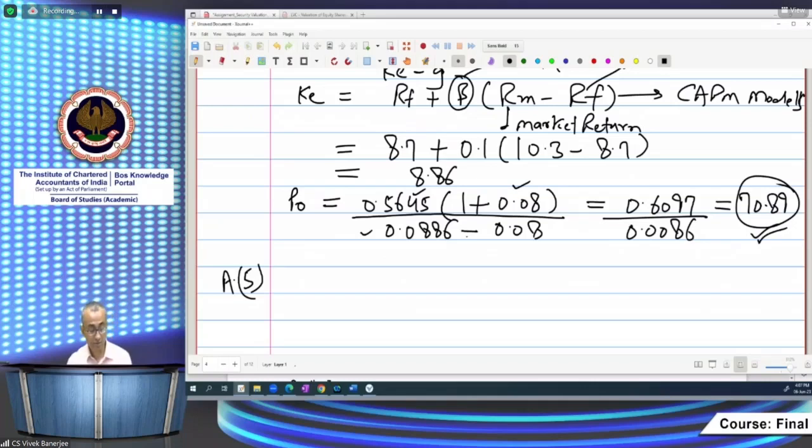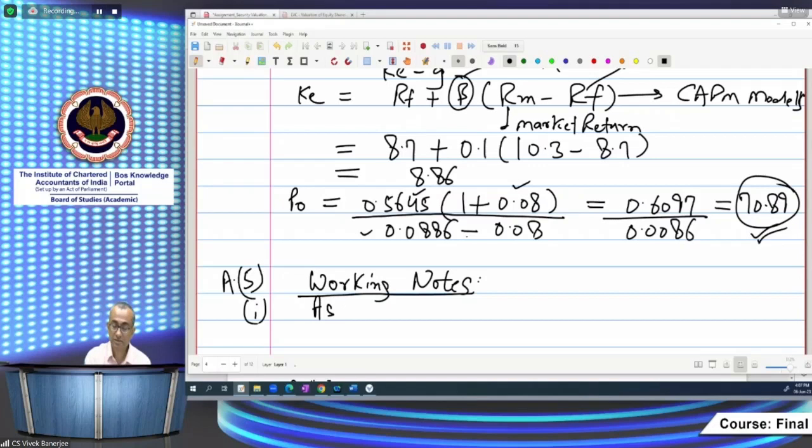इनकम स्टेटमेंट को कैलकुलेट करने से पहले हम सबसे पहले एक वर्किंग नोट्स तैयार करते हैं। तो फर्स्ट ऑफ ऑल लेट अस calculate the figures which can be used while preparing the income statement. Okay, so first of all, first is the sales of the company. So asset turnover ratio is given.